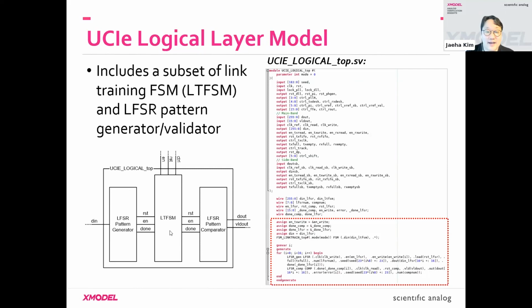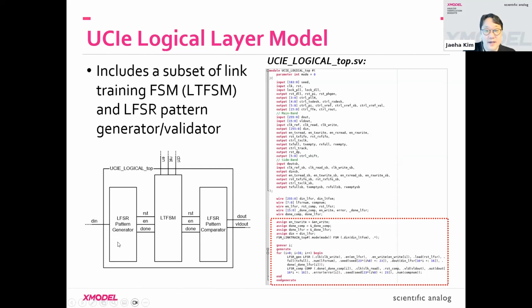Most of the tasks performed by the LTFSM involve test trials of data transmission through the main band link using a PRBS generated by the LFSR, the linear feedback shift register circuits. So there is a part that will generate the PRBS, and a part that will validate the PRBS.